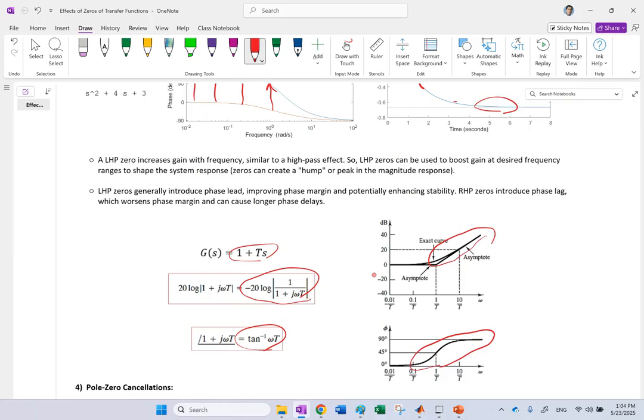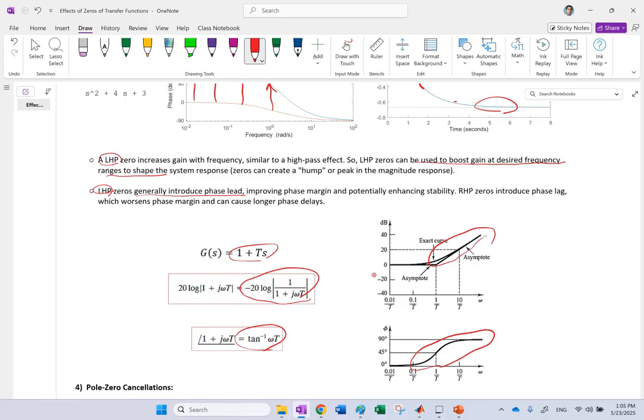So basically you can say that adding a 0 will add to the gain of the system at any frequency, and it will also cause a phase lead, which you can see here. So it can boost gains at desired frequencies, and also it can introduce phase lead as long as that 0 is in the left half plane. Okay, if it's in the left half plane, then you get exactly what you want.